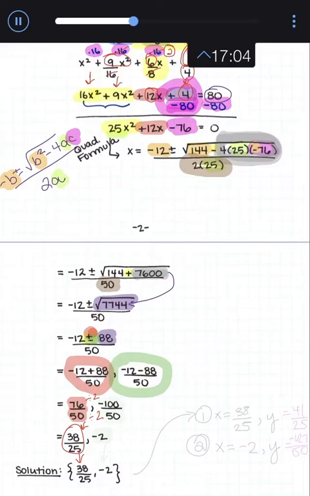On the other one, we had a negative 12 minus 88 over 50. Well, if you do the top, negative 12 minus 88 gives you negative 100 over 50. Well, that actually divides out evenly. Well, 50 goes into negative 100 as negative 2. So we end up with our two answers, our 38 over 25 and our negative 2.